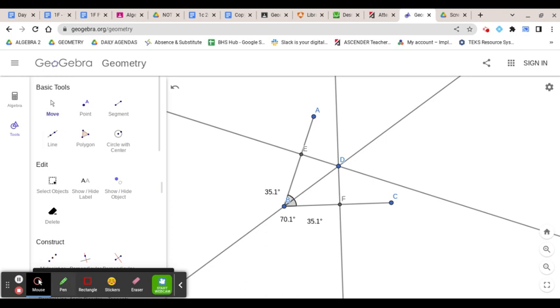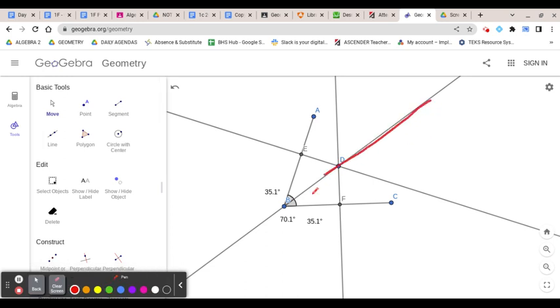So, again, to back up a step, this line here is the bisector. It bisects angle ABC.